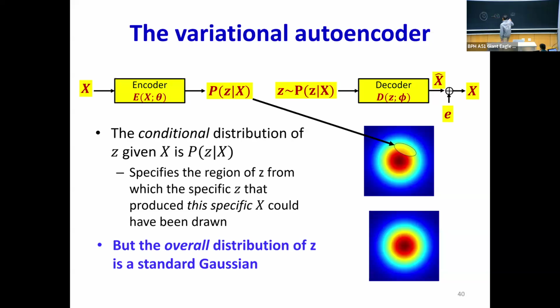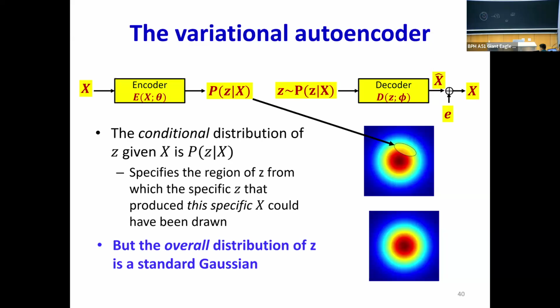So the conditional distribution of Z given the input is this, right? And so, again, the business of the encoder is to find this conditional distribution of Z. It specifies the region of Z from which the specific Z that produced that particular training instance is most likely to have come. We know that the overall distribution of Z is a standard Gaussian, right?